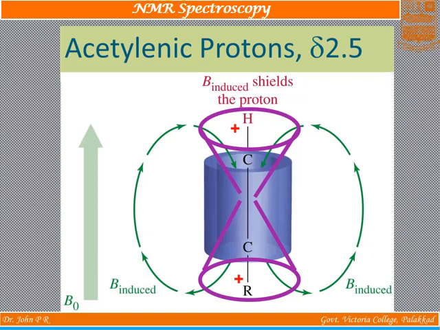Or in terms of the shielding cone, acetylene hydrogens are in the shielding cone or shielding area. That means they are more shielded than the hydrogens of benzene as well as vinylic systems. That's why, even though sp hybridized carbon is more electronegative compared to sp2, acetylenic protons appear nearly at delta 2.5.